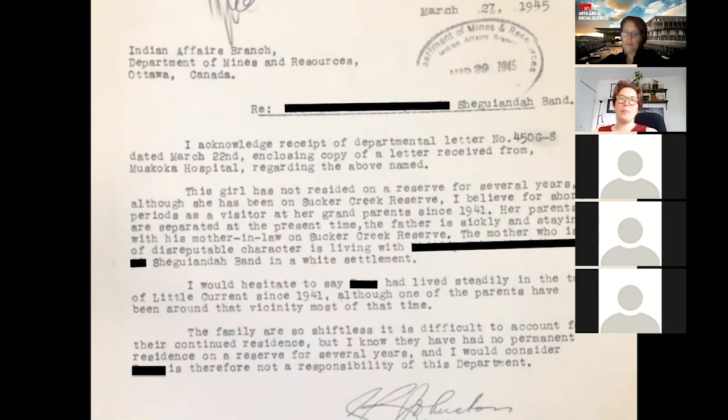This notion of the family being shiftless is also really interesting. Because when we think about who is shiftless, meaning moves around a lot, what the causes might be for this moving around often is poverty.